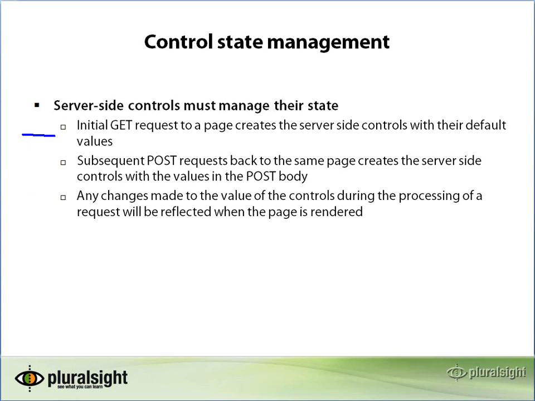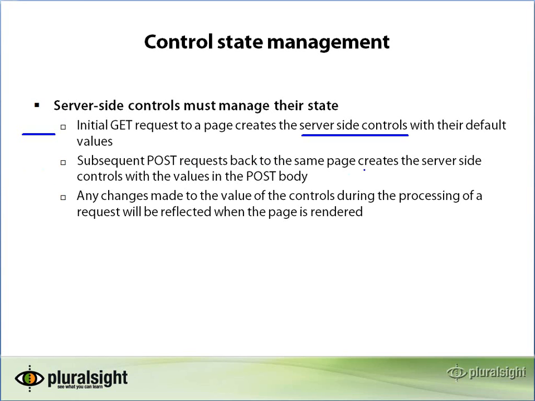You have the initial GET request for the page, and that GET request is going to initialize the server-side controls in the server-side page class with their default values, whatever was specified on the initial form. Then, if the user clicks on an element that generates a post request back to the same page, for example, a button would do this, that would generate a post message, and that message would be handled on the server.